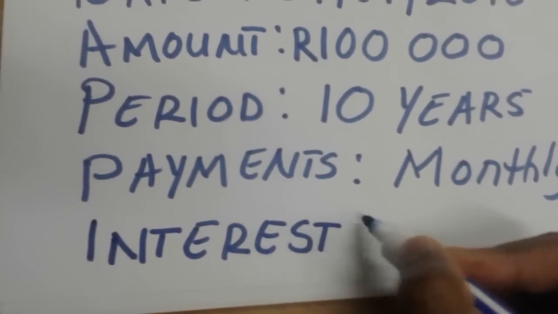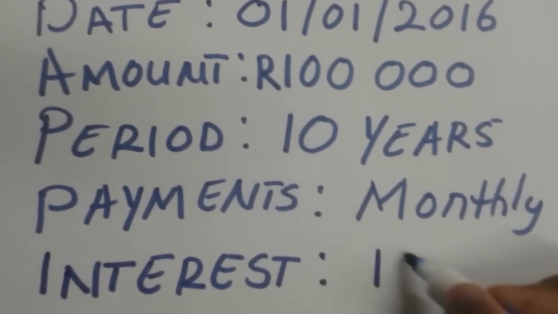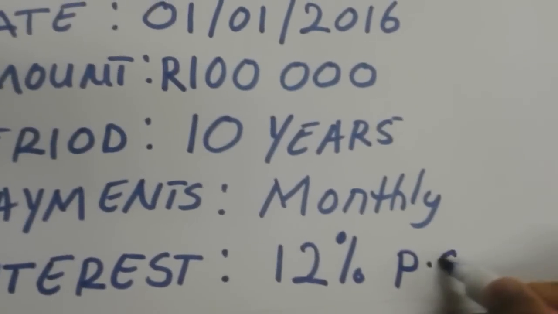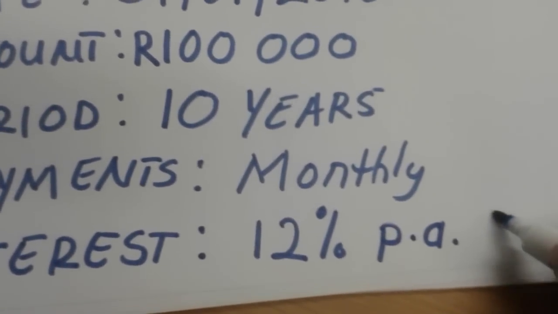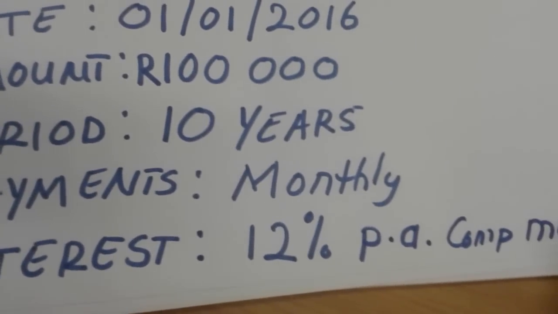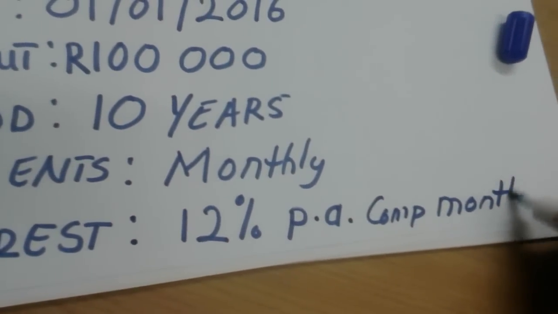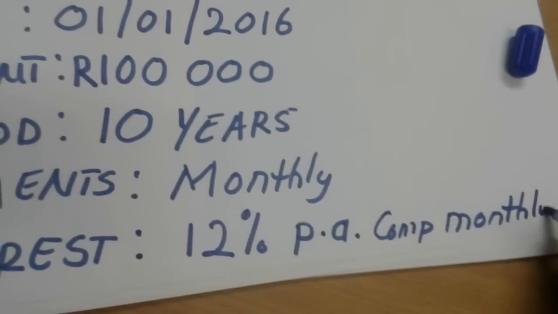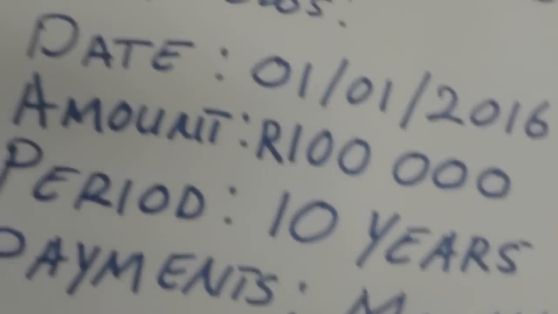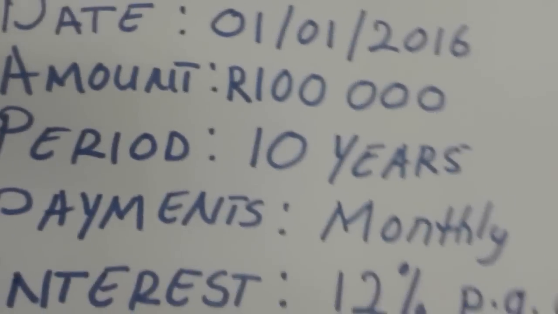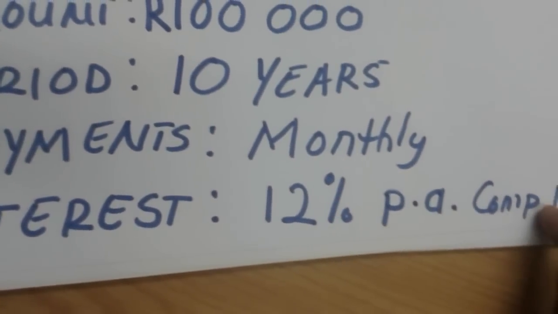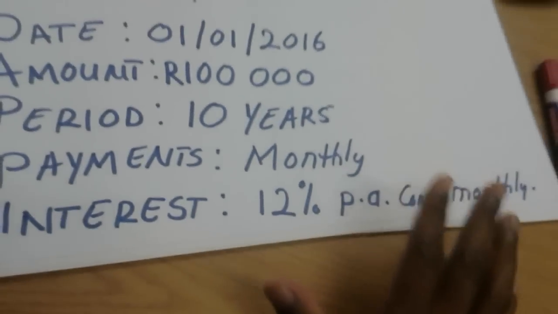So the interest is let's just say 12% per annum, compounded monthly. Now remember what I said in my previous video, that when payments are made monthly, also interest must be compounded monthly. So we are good to go.